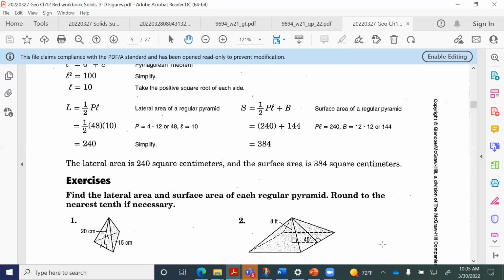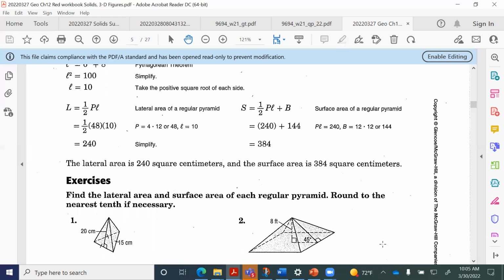So on here, same idea for our lateral area, 1/2 base times height, but our bases, just like in our other one, all together make up the perimeter of that base. So we're replacing the base with the perimeter of this base, and we're doing all the triangles at the same time.